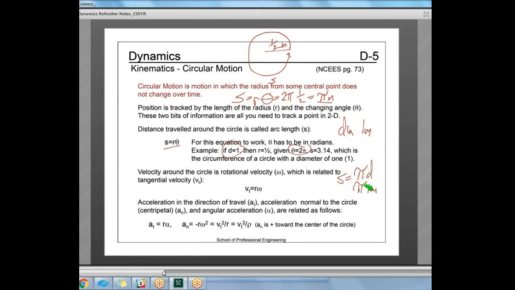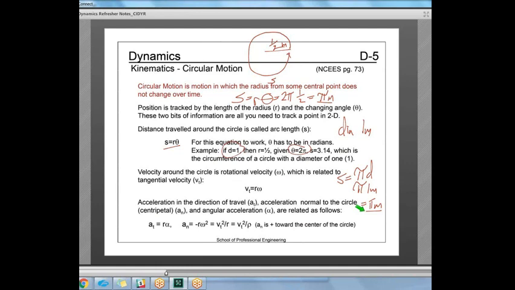What that tells you is that 1 meter was the diameter, and the circumference of that circle is pi times the diameter, or pi times 1 meter, or pi meters. So if you go all the way around, 2 pi, your arc length is the circumference. And this equation agrees with all that.